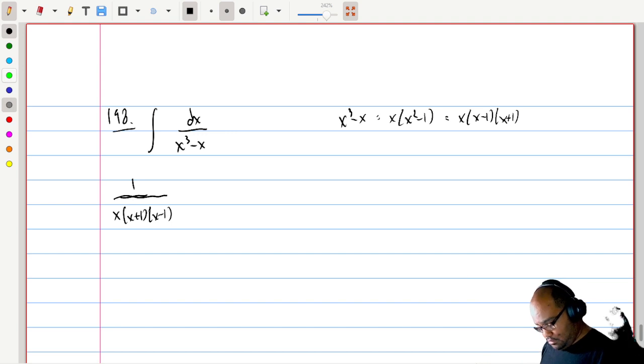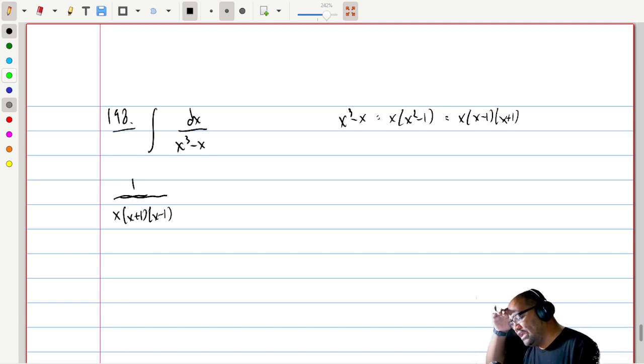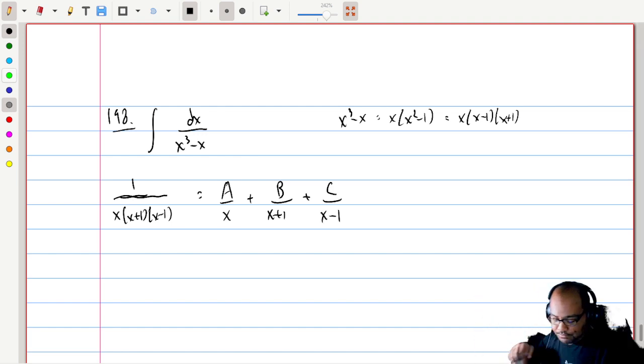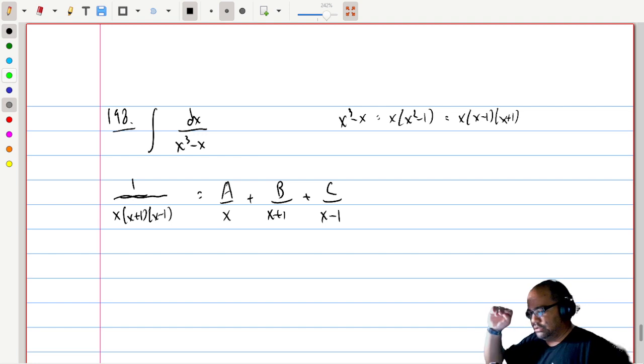Okay. And then now you just set up the partial fractions recipe: A over x plus B over x plus 1 plus C over x minus 1. Okay.